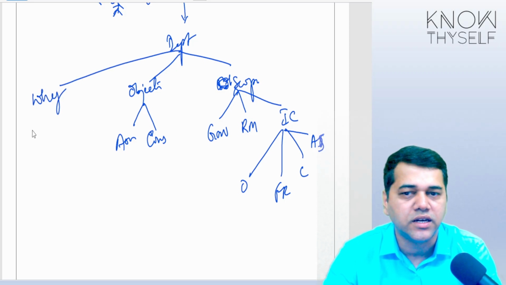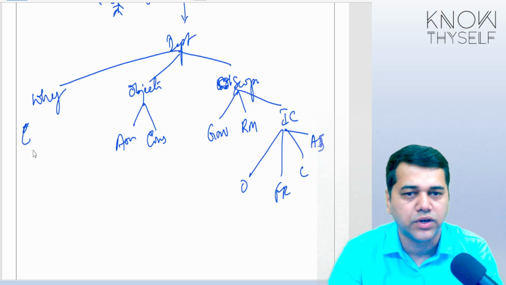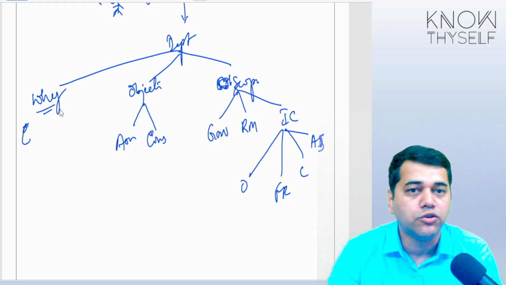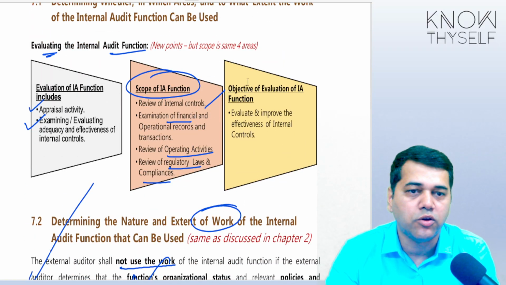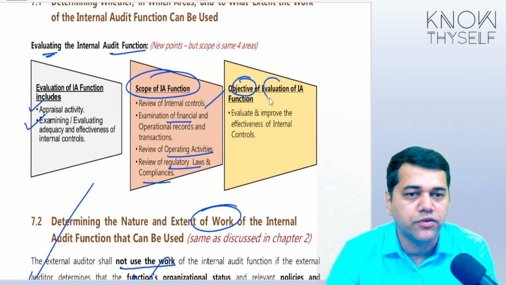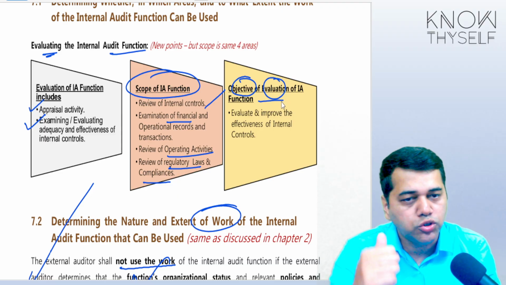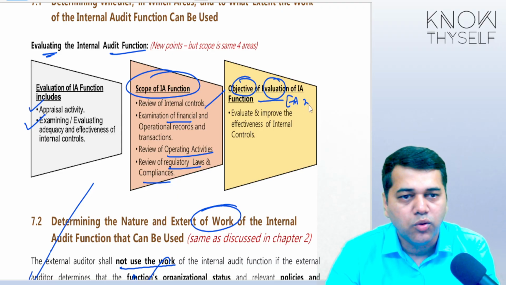So that you can better understand the effectiveness, the primary objective, why you are going to work, why you need this person. Why you need to do this evaluation is told in chapter 16. What is the objective of evaluation of the internal audit function, and who should evaluate? The external auditor. Why?